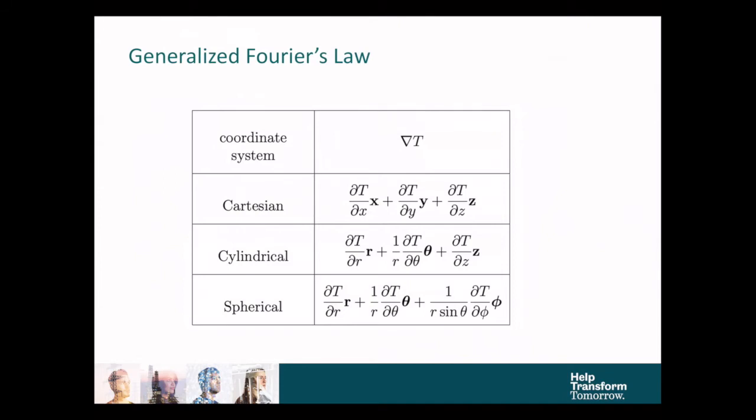And this is the justification, that rigorously the gradient of temperature, or the gradient of a function with respect to r, is just dT dr. If, however, we'd been considering the theta direction, it would have been incorrect to just substitute dT dr. We would have had to substitute 1 over r dT d theta. So that's our justification for why we were able to write down Fourier's law by inspection.